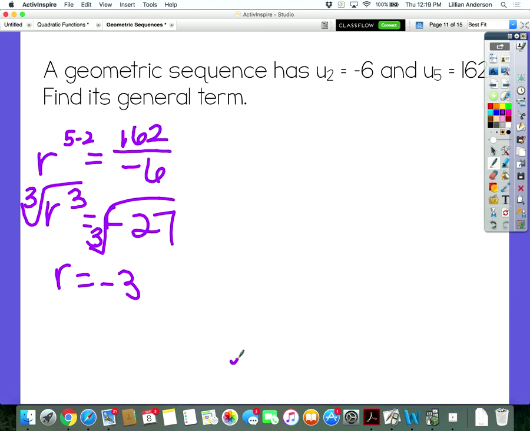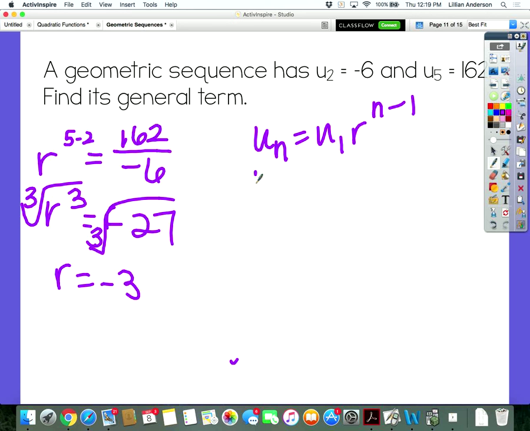So now that we have our common ratio, let's find our first term, because we need that, okay? We need to use one of our terms. We can use our second term or our 5th term. Second term? Cool. Doesn't really matter. You can use your 5th term. You'll get the same answer.